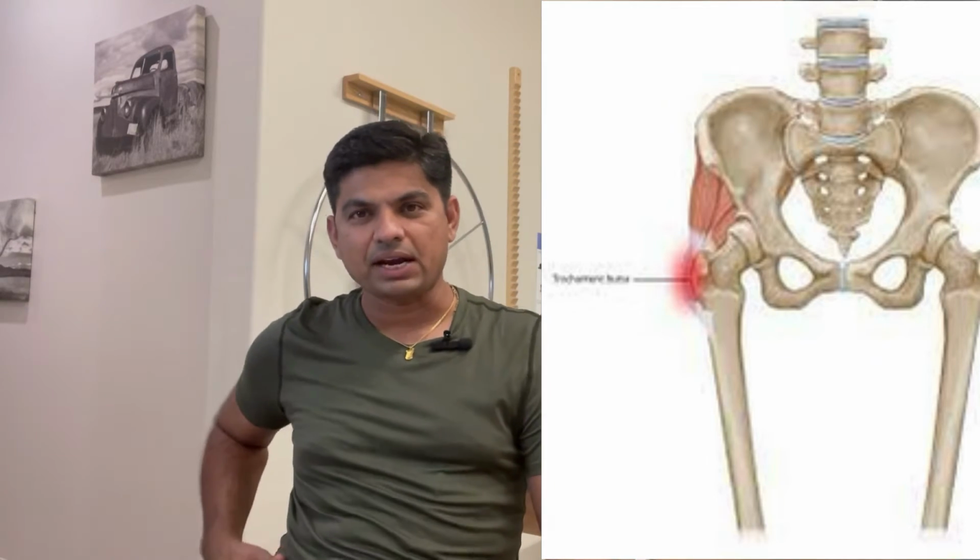You will feel it on the side of the hip. That's your greater trochanter, and the bursa is lying on that trochanter. The IT band, you must have heard about, goes on the side of the hip. It starts from the tensor fascia lata that turns into the IT band. So the greater trochanteric bursa is right underneath that.